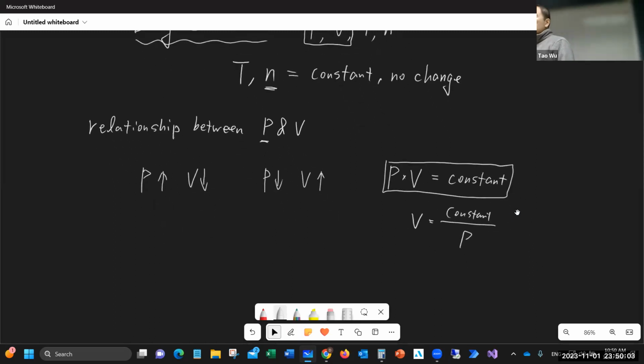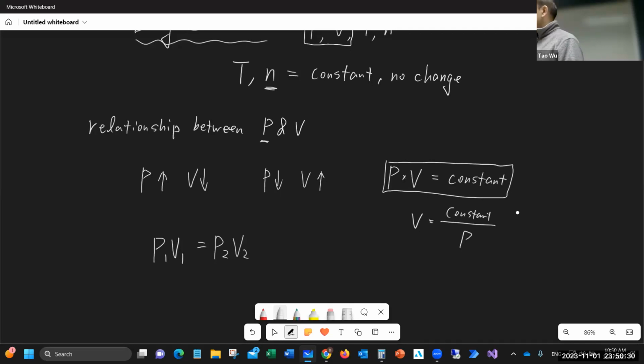But if we're changing the pressure from 1 atmosphere to 2 atmospheres, and the volume is going to change from, say, 500 milliliters to what volume, then how do we do this? In most cases, people use another equation: P1 times V1 equals P2 times V2.